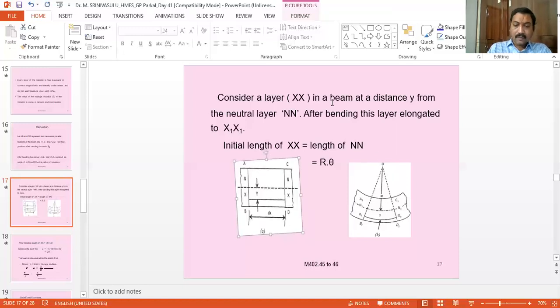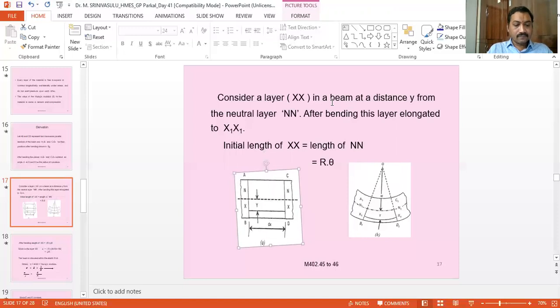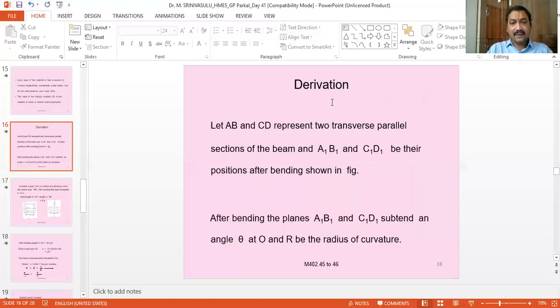Now coming to the initial part, let AB and CD represent the two transverse parallel sections of the beam, and A1B1 and C1D1 be their positions after bending as shown in the figure.